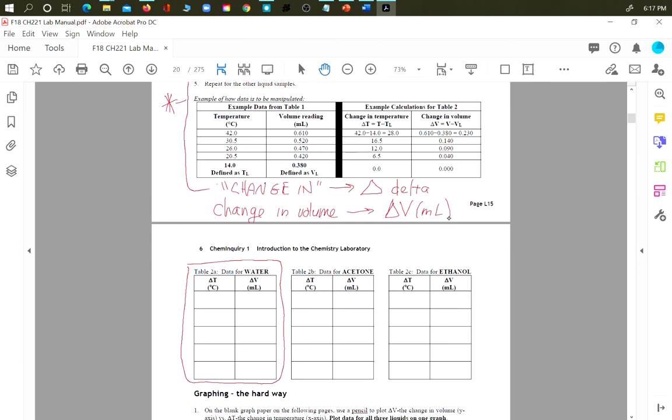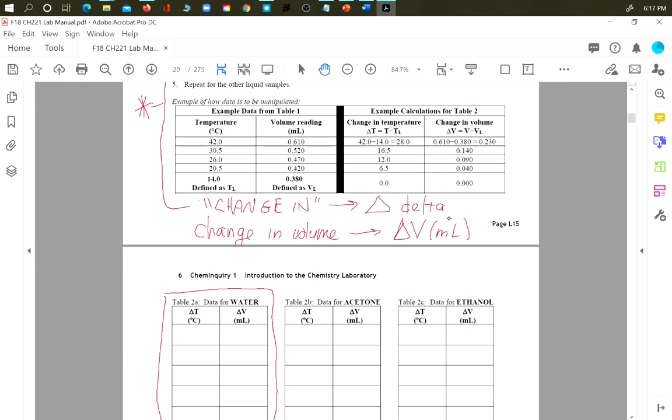So what we want to determine or figure out is, what is the relationship between the change in volume of a liquid and the change in temperature of that same liquid.